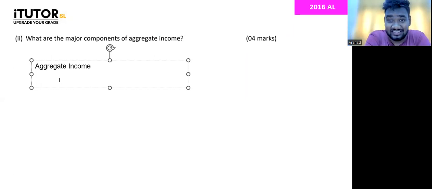Which one, guys? Okay, there is compensation of employees coming. Is it compensation of employees, gross operating surplus? Is it that?